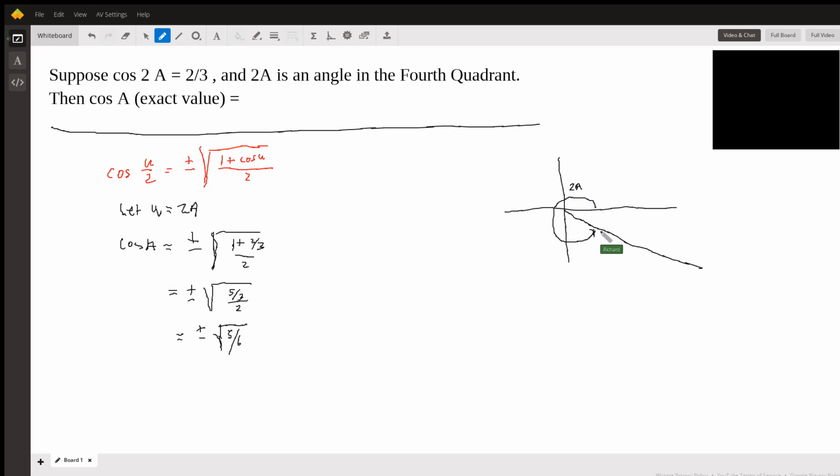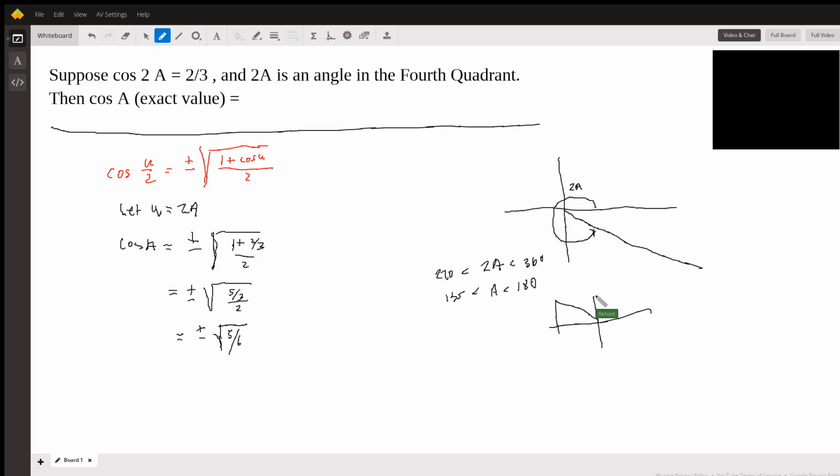So we know that 2a is somewhere between 270 and 360. And so if we divide by 2, we get a is between 135 and 180. That puts a in the second quadrant.